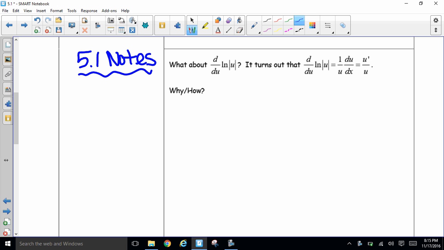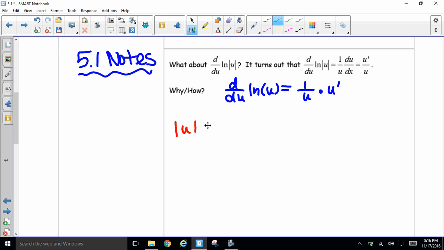So we know from yesterday, if we have d by du of natural log of just regular u, that equals 1 over u times u prime, or du dx, however you want to write that. So now we have to go back to our definition of absolute value and split it apart.